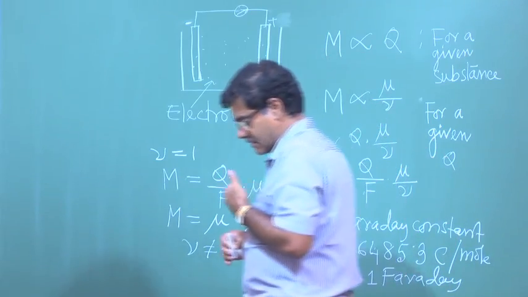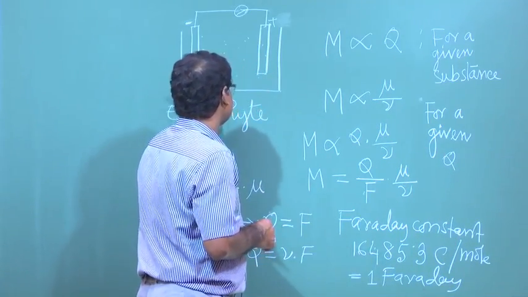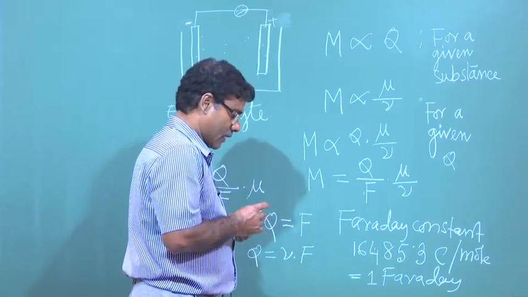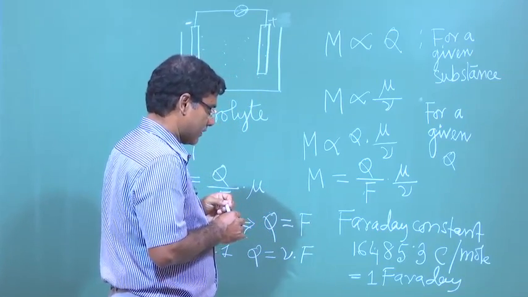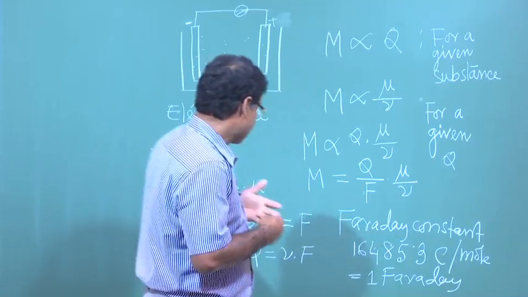So, in electrolysis, some charge is flowing, electricity is passing through it. How is that happening?